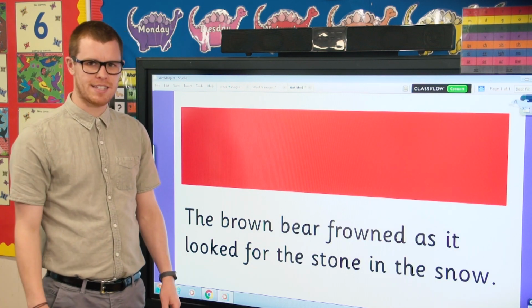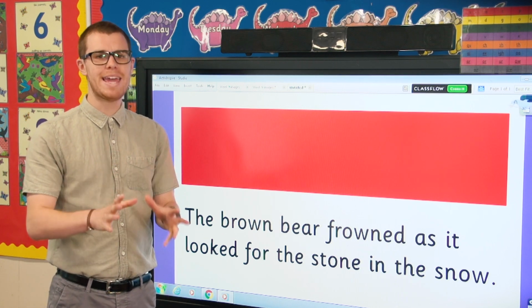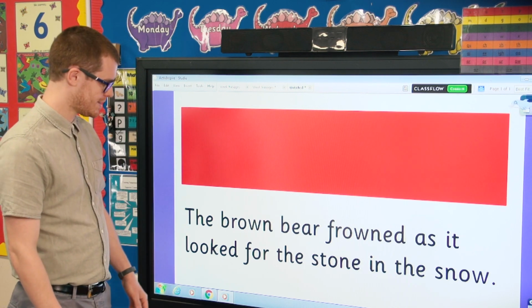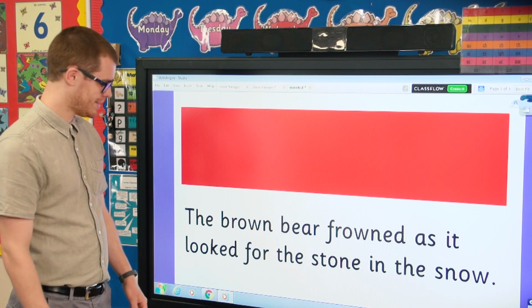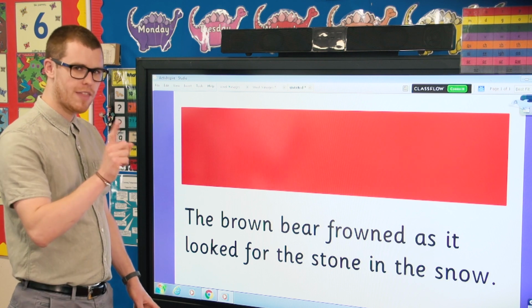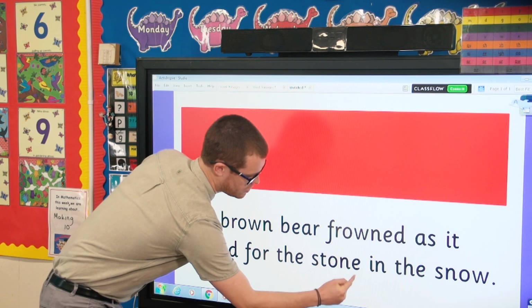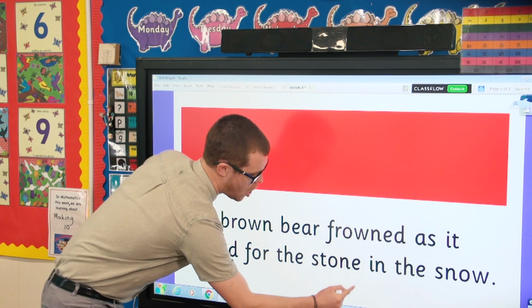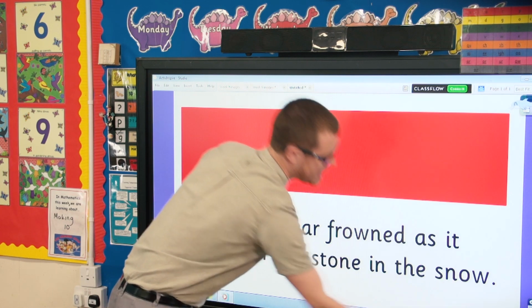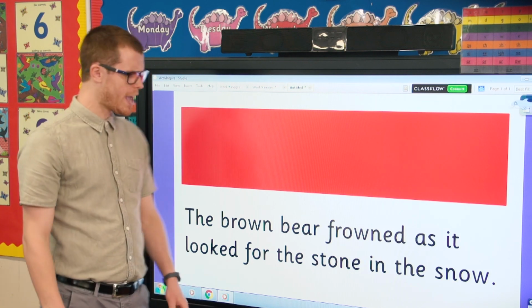Here is the next sentence. Can you see the words with graphemes that make the sound O? That's right. This word has a split vowel digraph that makes the sound O, and this word at the end has a digraph that makes the sound O. Can you see a word with a trigraph?